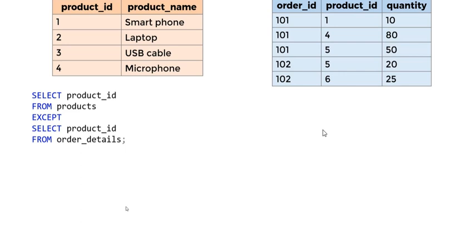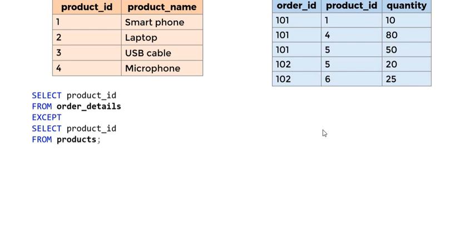For example, let's take this query and switch around the select statements. So now we are selecting product ID from the order details table as the first table, and then selecting from the products table as the second table.